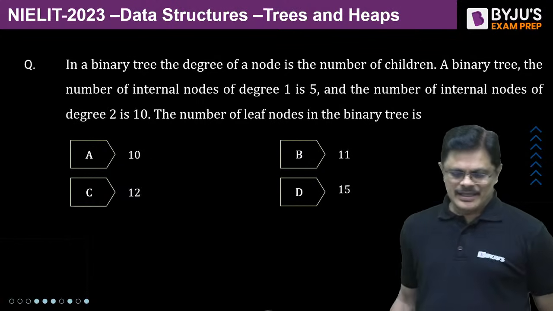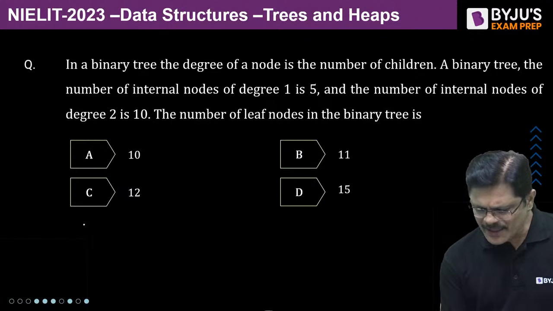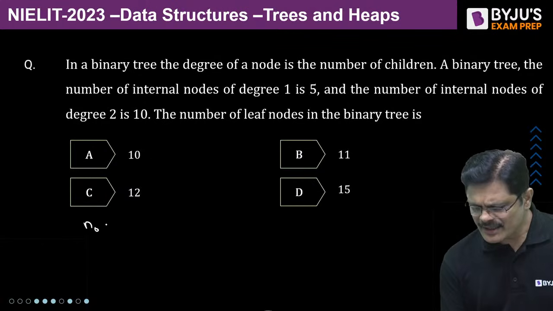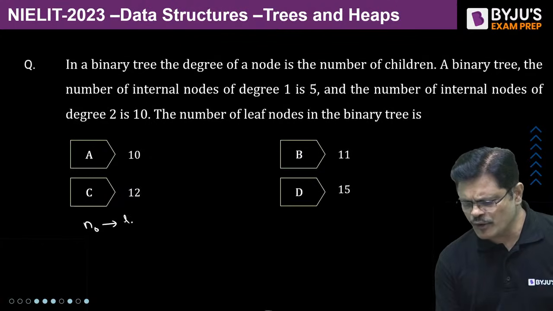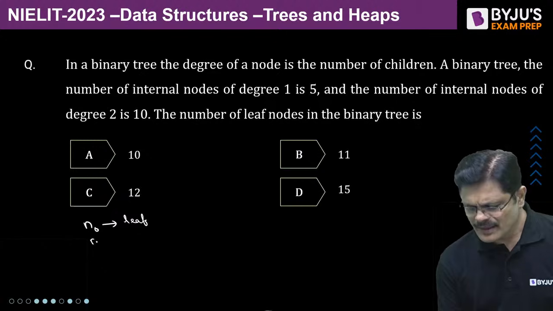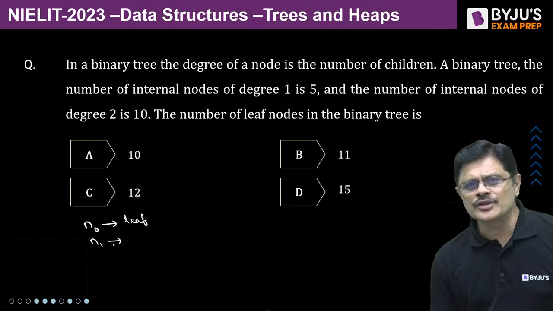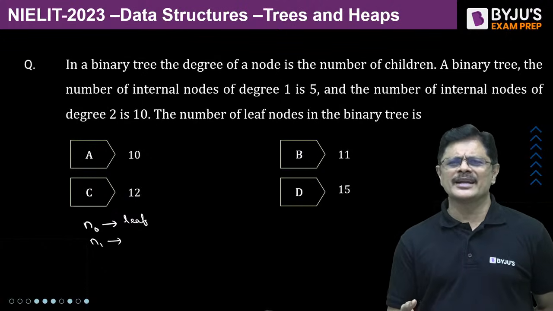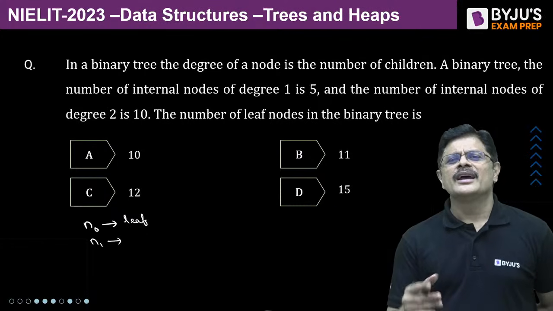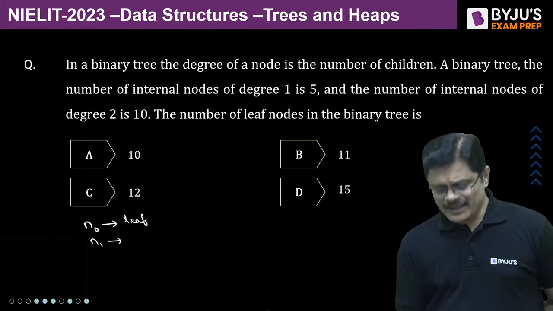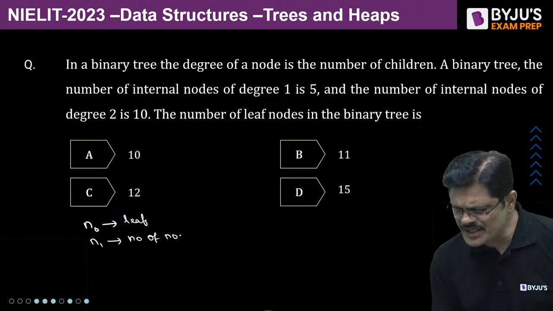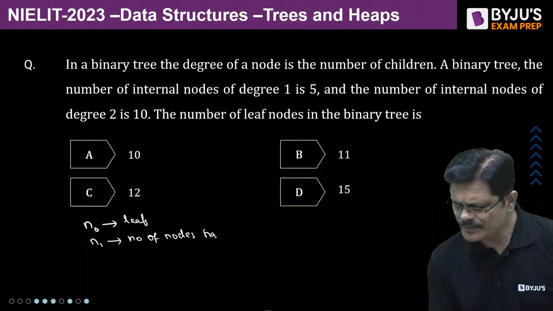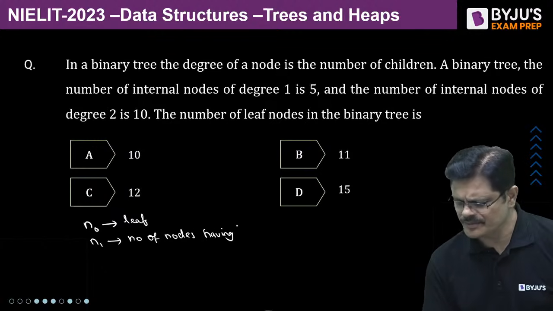See, my dear friends, generally you have this many nodes with 0 children, that is leaf nodes you can call them. These are the internal nodes. Number of nodes of degree 1, that is number of nodes having one child, single child nodes.